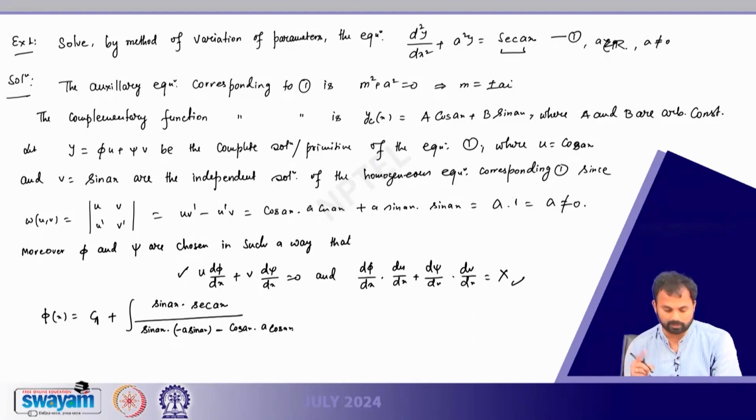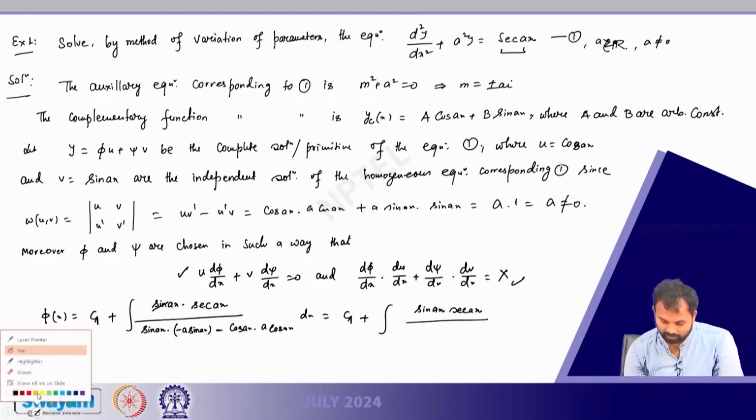Because we are doing dv dx, a cos of Ax dx, this is slightly lengthy to calculate, nothing else. So, we will have sine of Ax, sec of Ax divided by u into v, u into capital X, no? No, this is cos, sorry, u is cos, my mistake.